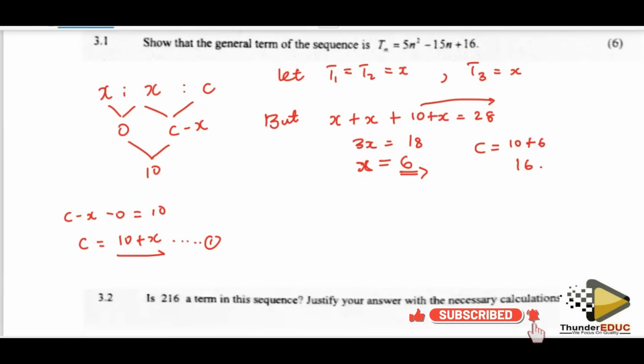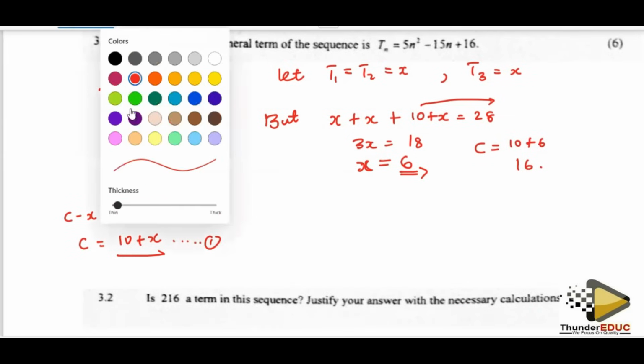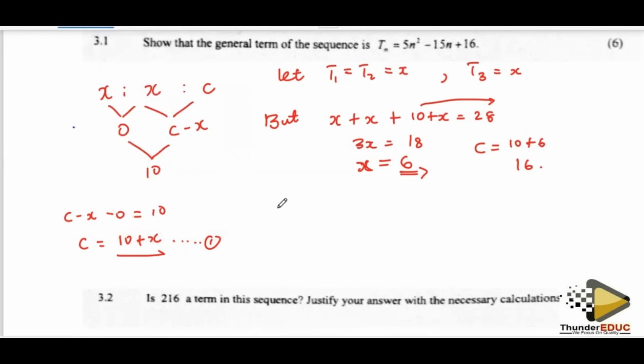Alright, so I will start and look at my second difference. So I know that 2a is the same as 10. Divide both sides by 2, which means my a is a 5. Okay, that's fine. And then I know that 3a plus b must give us 0. But our a is 5, so that's going to be 3 times 5 plus b is 0.